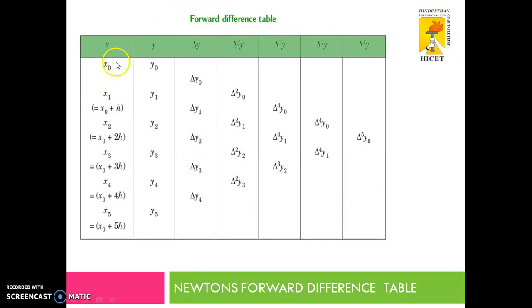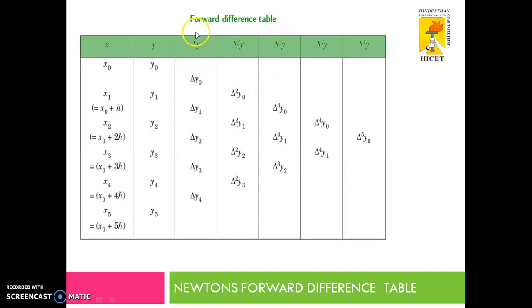The values of x are denoted as x0, x1, x2, etc. Corresponding to x, the values of y are y0, y1, y2, etc. The first forward difference is denoted by delta y, the second by delta square y, the third by delta cube y, and so on.